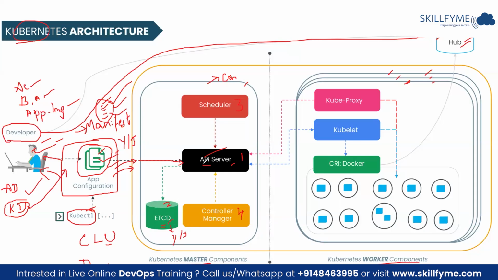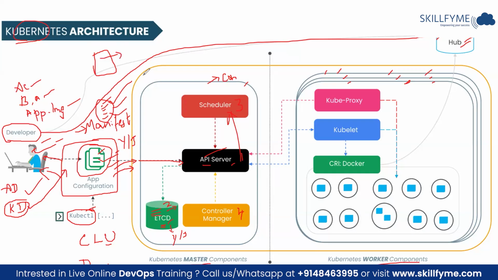Now, once the request is updated in the etcd, the API server will inform the scheduler about the new request. Once the scheduler gets that intimation from the API server, it will get into etcd through the API server and understand the request. Based upon the request, it will identify a healthy worker node and assign that healthy node's details against that request name. Consider I placed one request: I want to deploy one container.